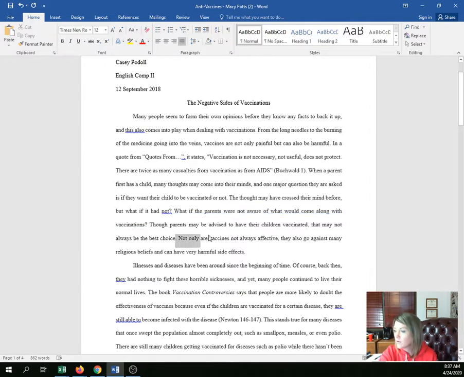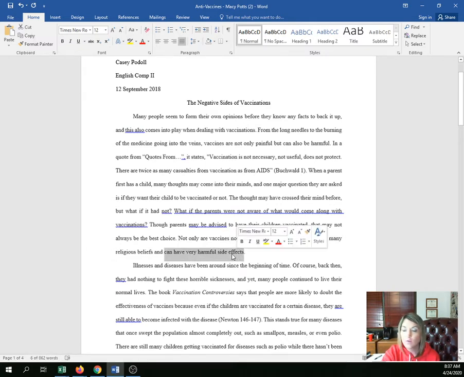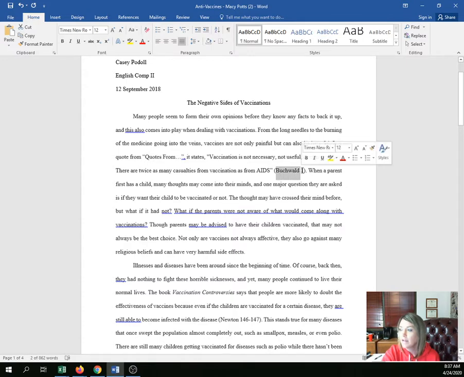They're not always effective. That's our A. They go against religious beliefs. That's our B. Side effects. That's our C. So, just to recap, we have an introduction. We have a source in it. Title in quotes, last name, page number. Period goes on the outside. We have a thesis that has a clear A, B, and C. You have to have that.